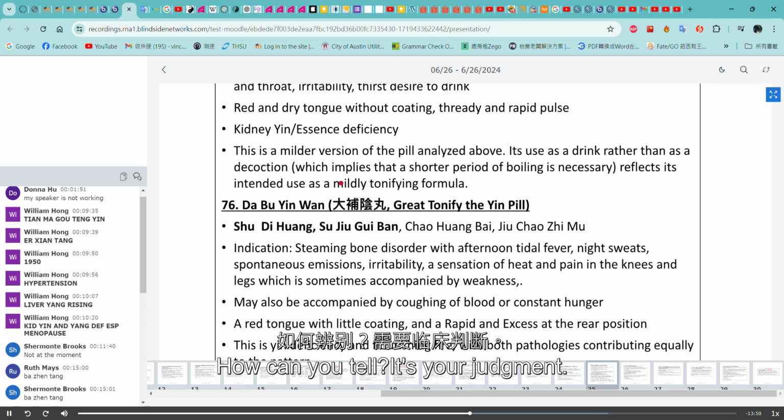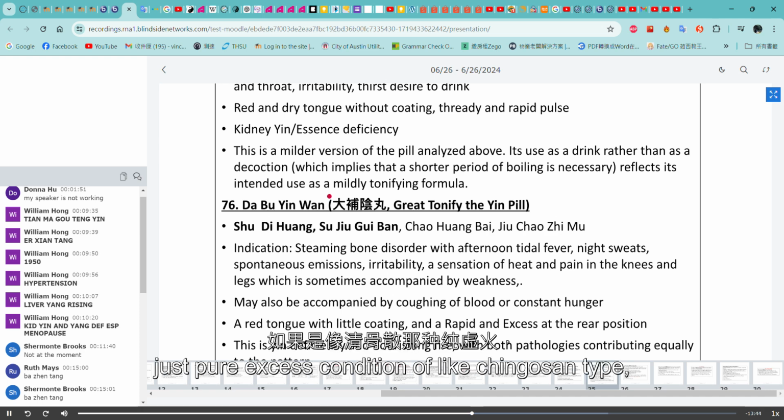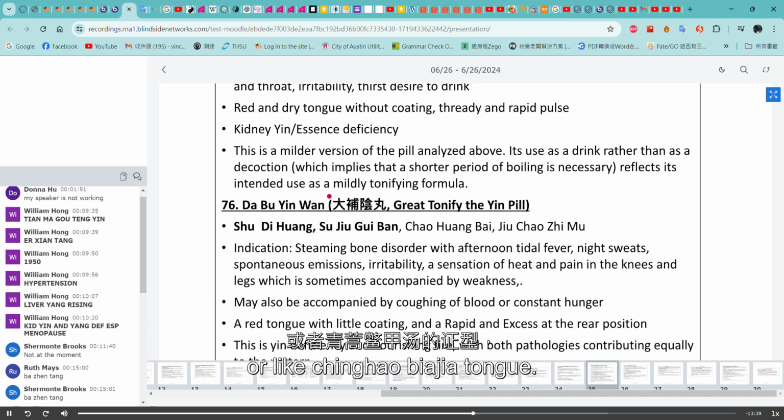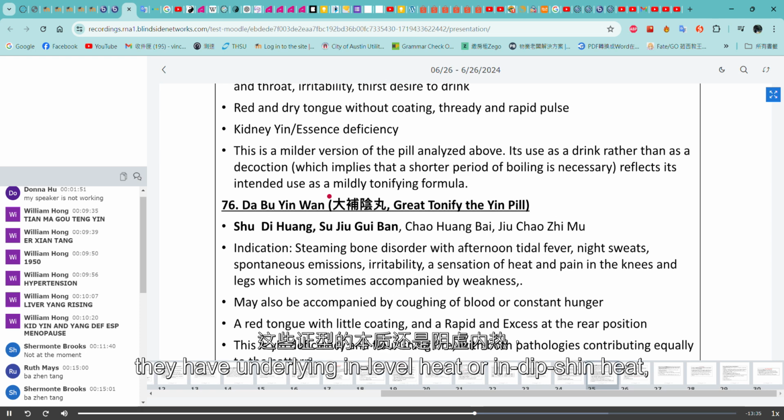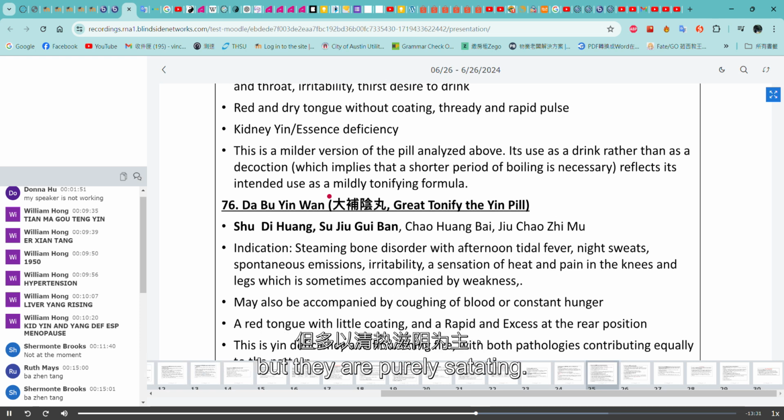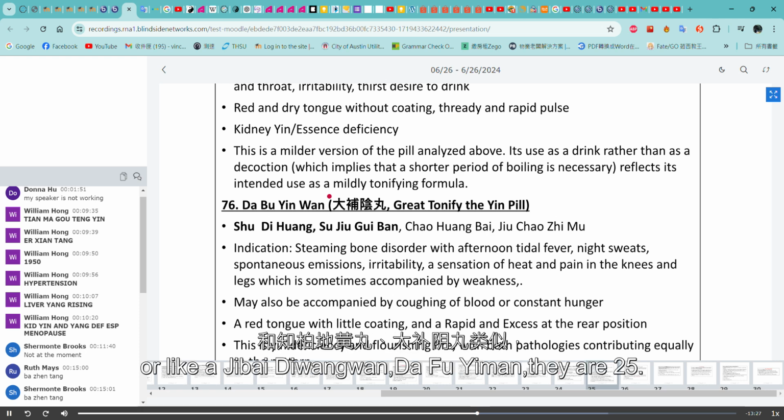It's your judgment. So anyway, with Da Bu Yin Wan, again, you have to differentiate from pure excess conditions like Qinggusan type or like Qinghao Biejiatang. They have underlying insufficiency heat, but they are purely sedating, whereas these, like Zhi Bai Dihuang and Da Bu Yin Wan, are tonifying.